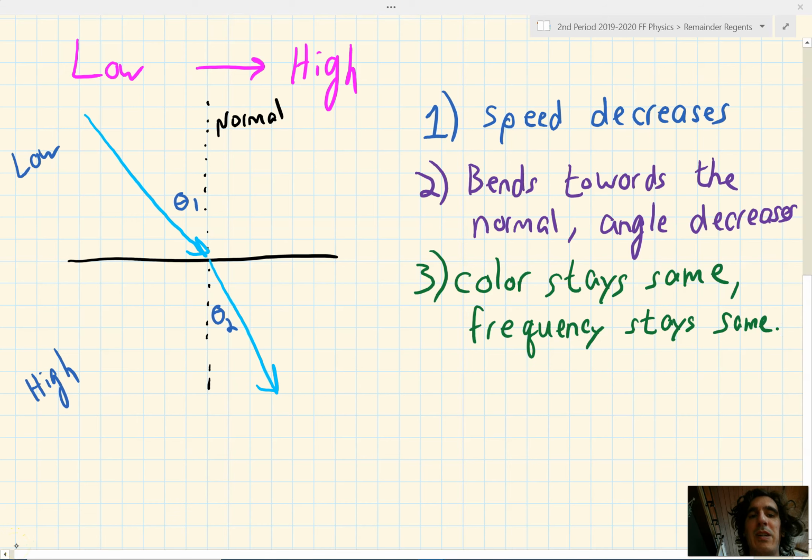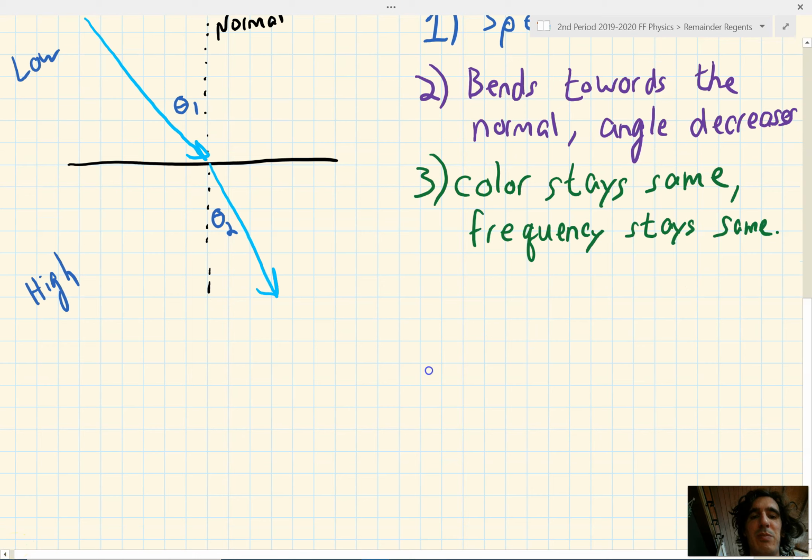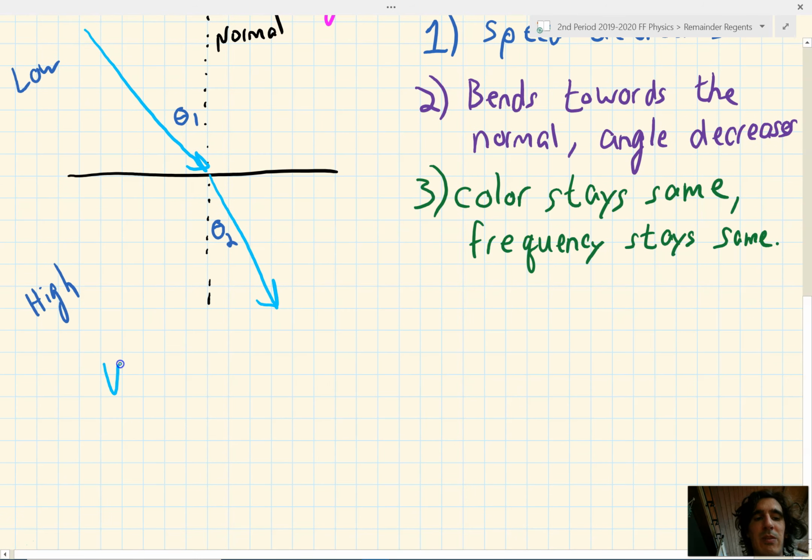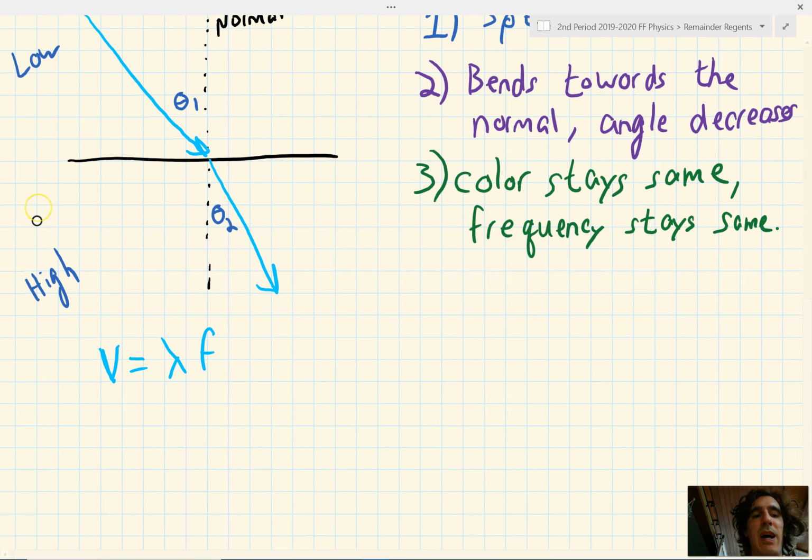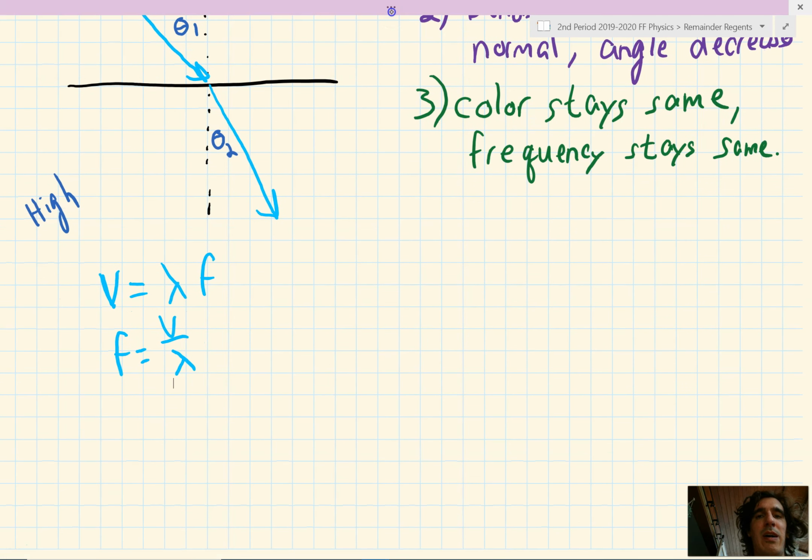If we treat light as a wave, we can look at the speed formula for light, which is v equals lambda f, when light goes from a low density to a high density material. So let's get f by itself since it stays the same. So f is v over lambda. And when it goes from low to high, you saw that the speed slows down. The frequency stays the same because the color stays the same.